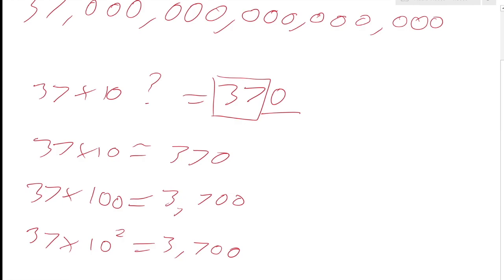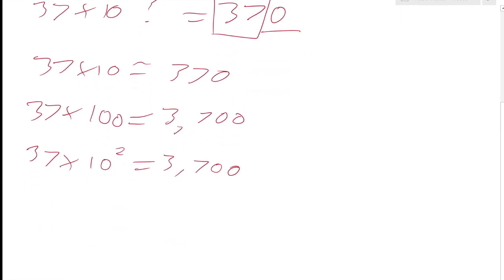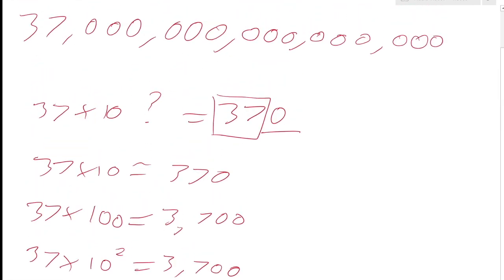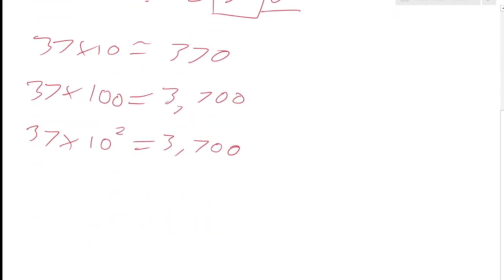And if we continue this, obviously we've got 15 zeros in 37 quadrillion, so we could write 37 quadrillion as 37 times 10, and then as we see, if we multiply by 10 to the 1, we get 1 zero, 10 to the 2, we get 2 zeros. So if we want 15 zeros, we're going to multiply by 10 to the 15.